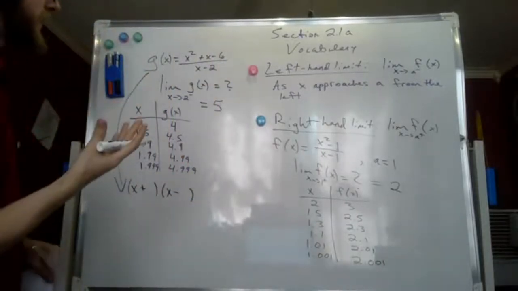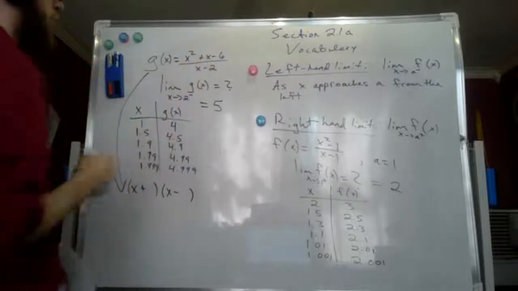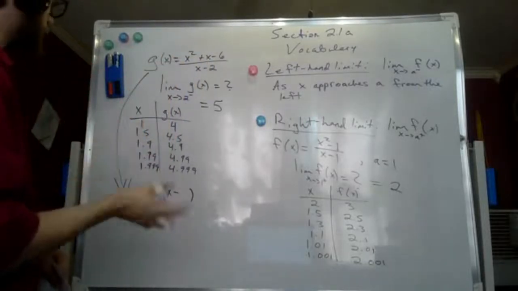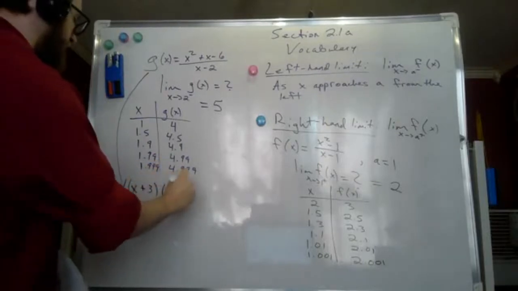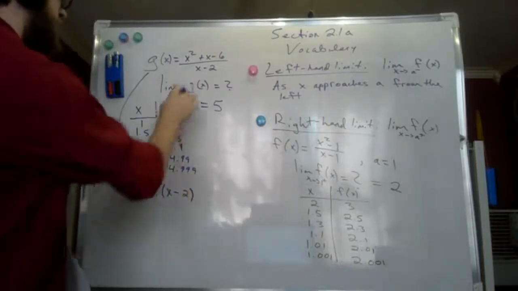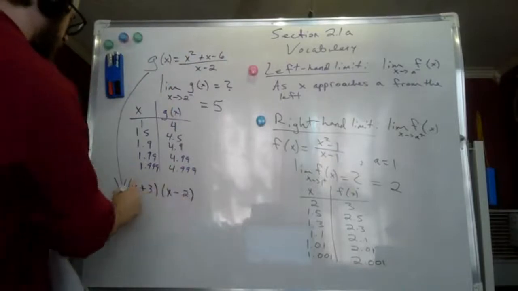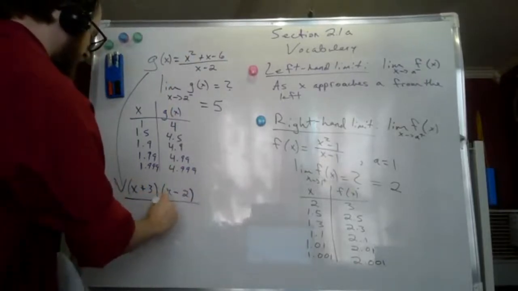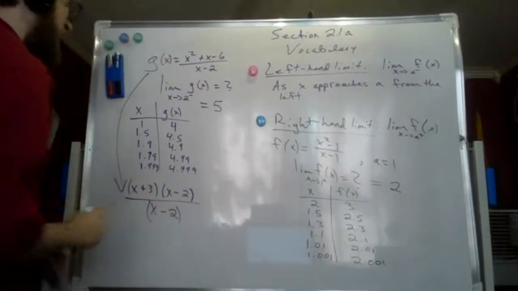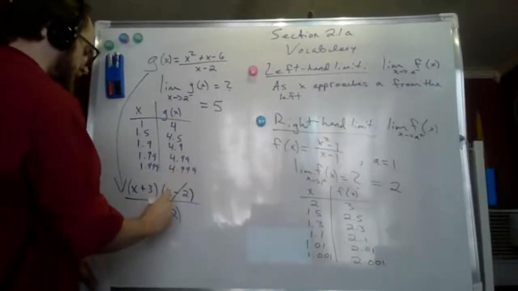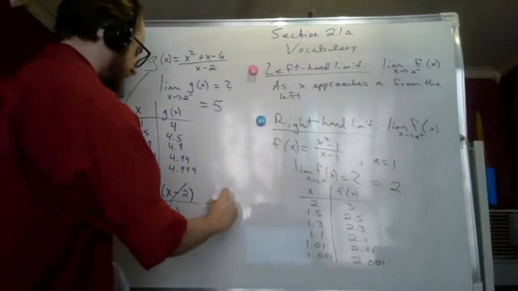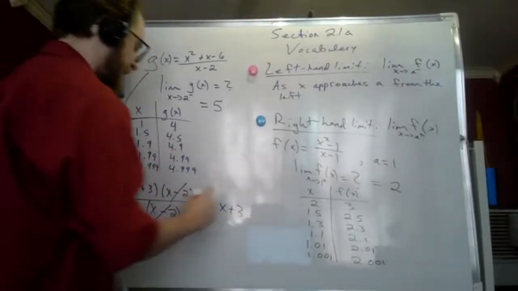I could do 1 and 6, but that's not going to subtract to give me 1 in the middle. I could do 2 and 3. In fact, if I do 3 minus 2, that's going to give me a positive 1 in the middle, and so we're good. We have this factored now. And lucky for us, it will then divide out with our denominator. And so this is equivalent to the line x plus 3.